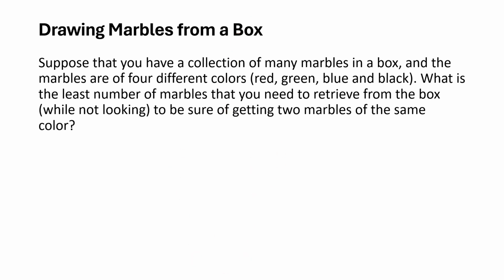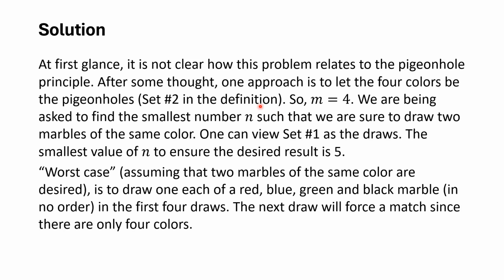As I noted on the last slide, the puzzle doesn't look like a pigeonhole puzzle at first viewing, but if you think about it, we can let the 4 colors be the pigeonholes. So that is set number 2 in our definition, which gives us m equals 4.